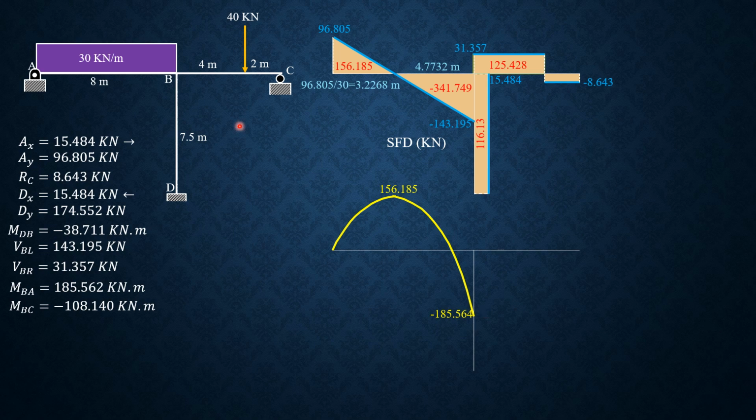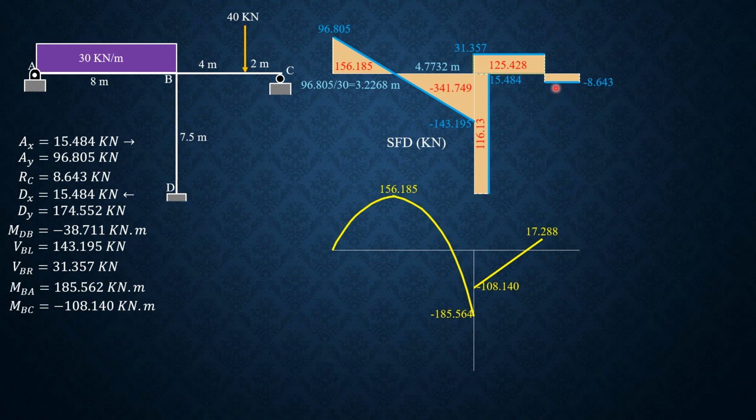Then moment BC is negative 108.14. Then we have a straight line plus 125.428 up to here. So that's 17.288.